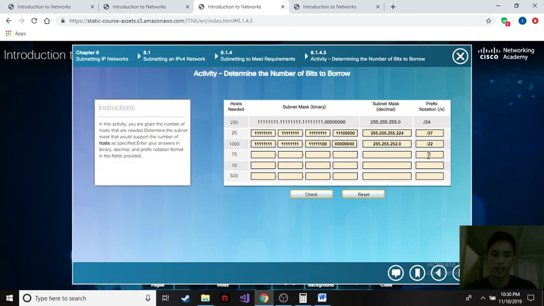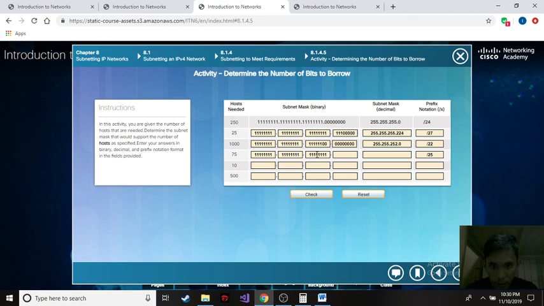Then we will subtract it from 32. 32 minus 7, 25. So our prefix notation is slash 25. Then we will enter here 25 ones. 8, 16, 24.